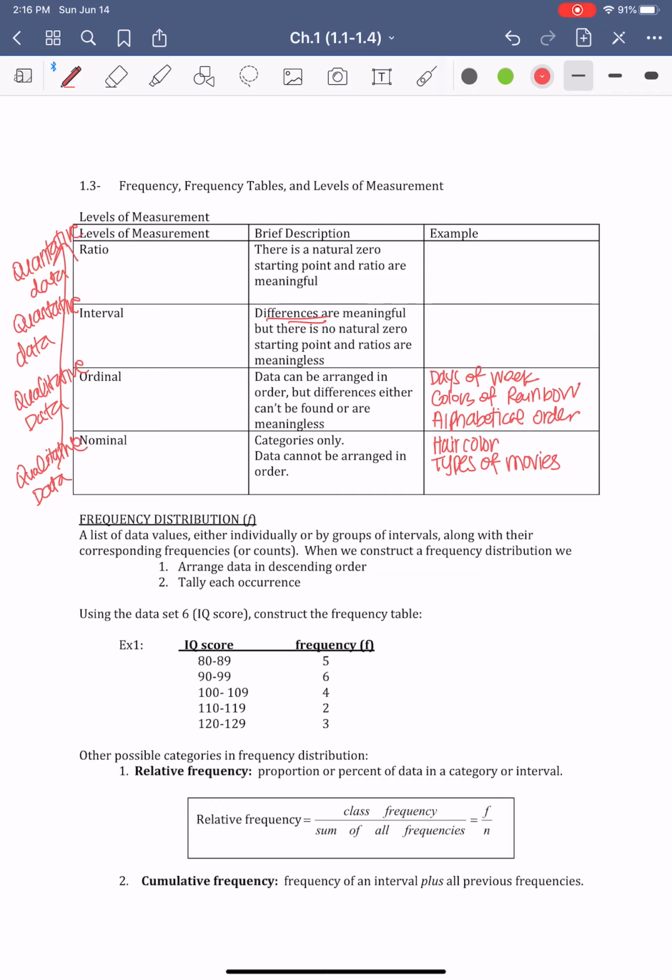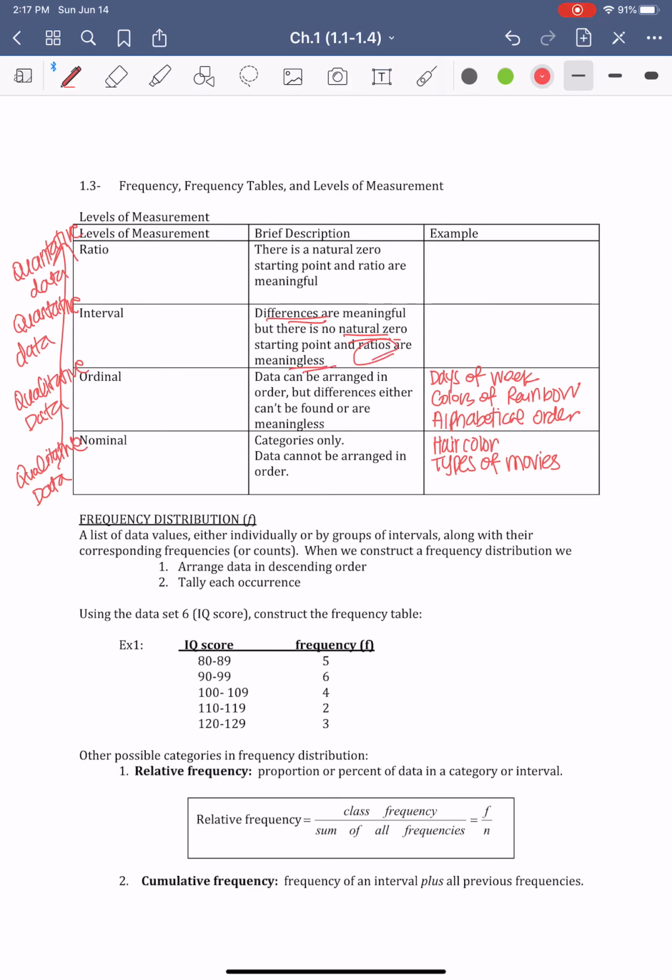Now I'm going to go through interval and ratio at the same time and give you an example, and then tell you the difference between the two, because it's easier if you look at both examples at the same time. Interval: differences are meaningful, but there's no natural zero. Ratios are meaningless.